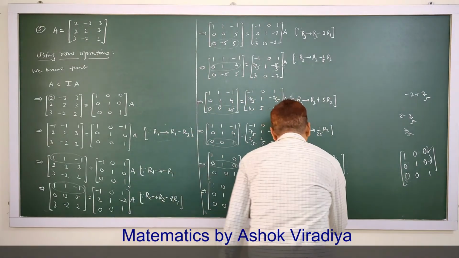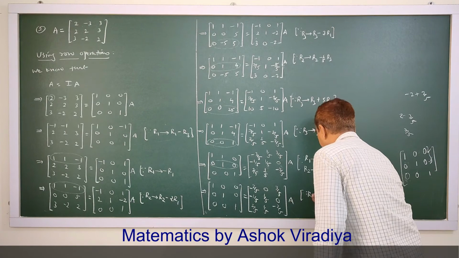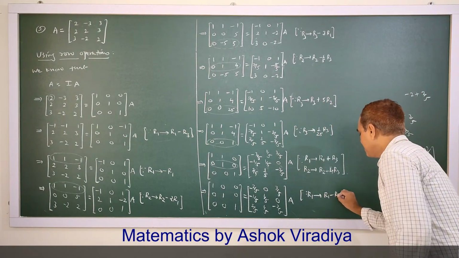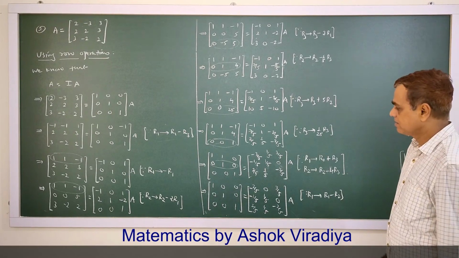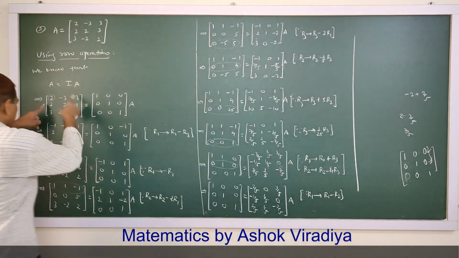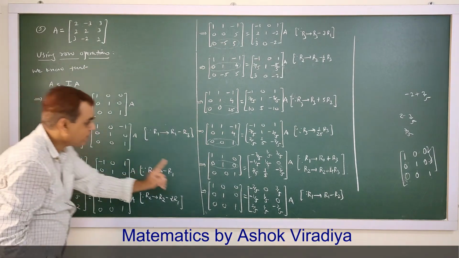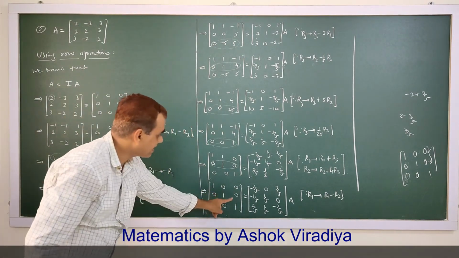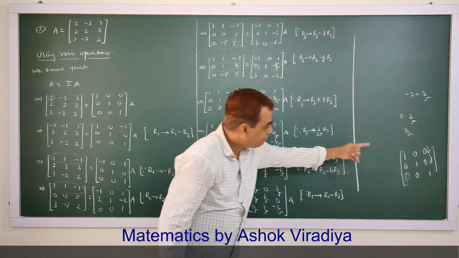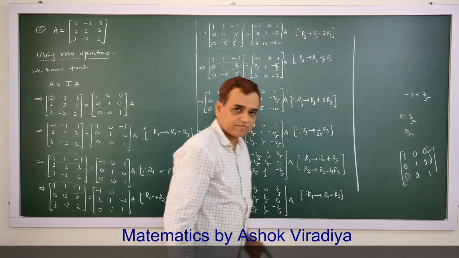So what is done here? In first row, second row is subtracted. So here in the beginning this was A, and A is converted into identity matrix. In converting identity matrix, we follow the sequence.